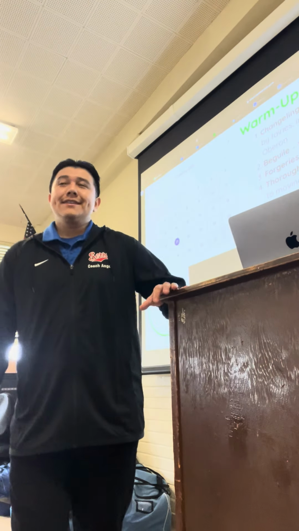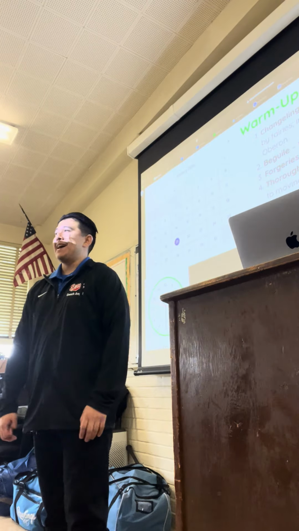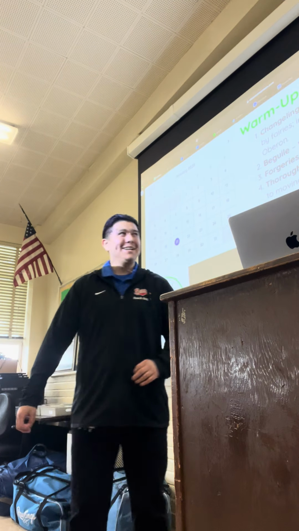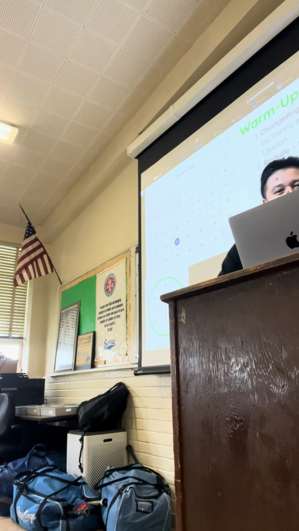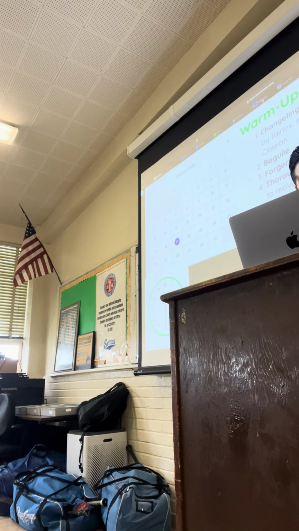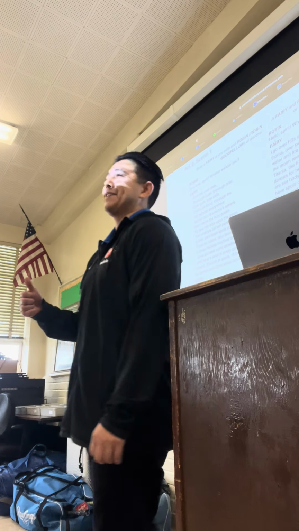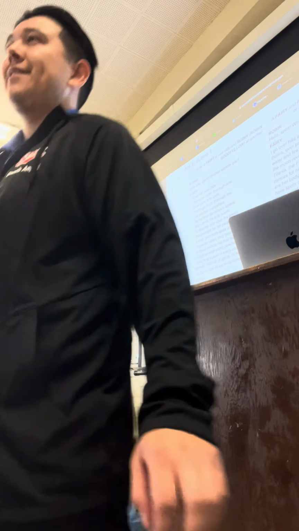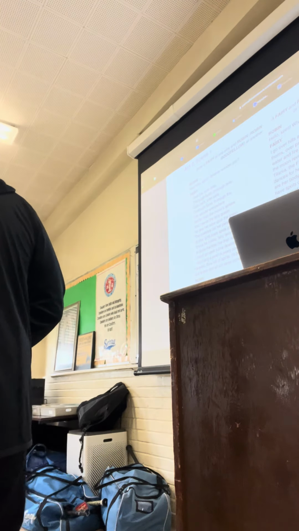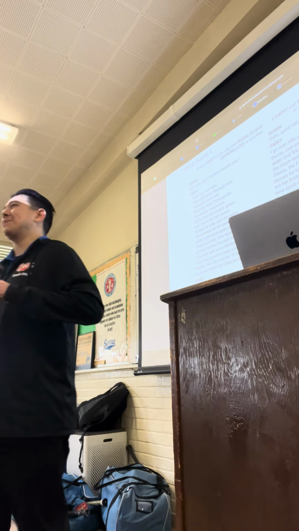Okay. Now it's time for the best part. We got to read Shakespeare. We are going to assign new roles. First things first, I'm going to need a narrator. I need a narrator. Christina, thank you. I'm going to need a Robin.